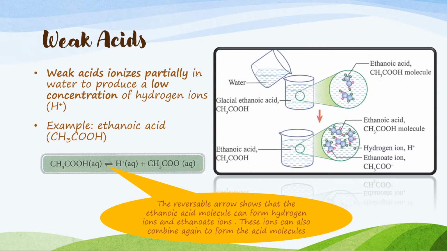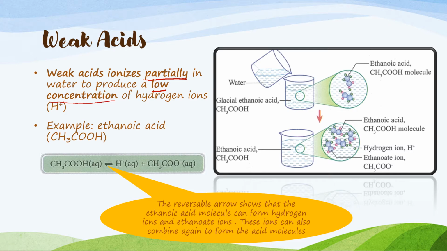So on the other hand, if strong acid is an acid that ionizes completely in water to produce high concentration of hydrogen ion, weak acid is an acid that ionizes partially in water to produce low concentration of hydrogen ion.